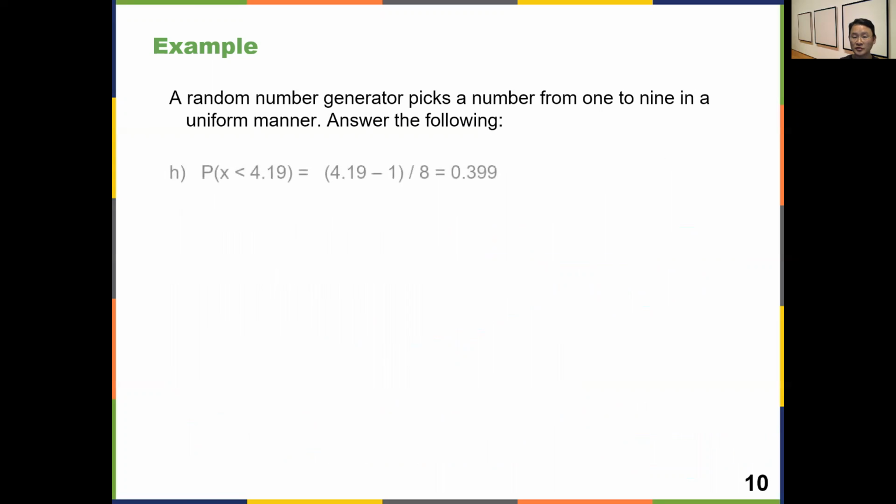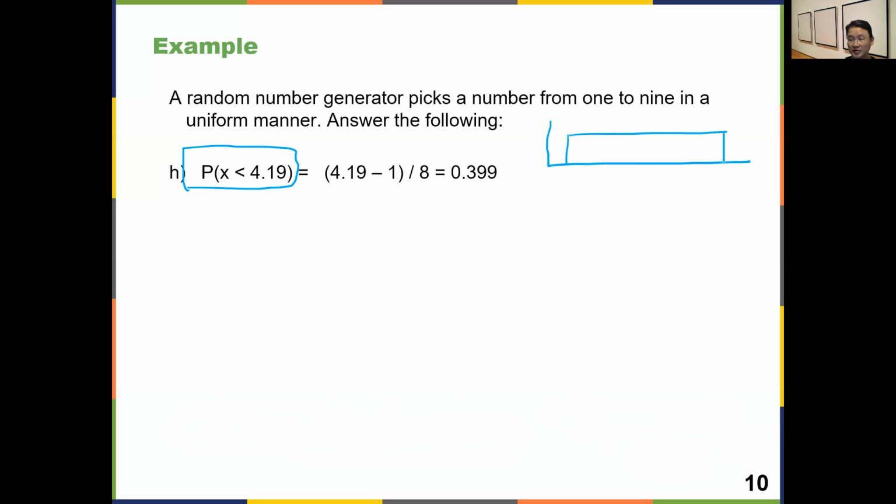Next example, pretty much the same. Now look at this one right here. This time, x has to be smaller than 4.19. Again, I told you that simple graph was going to help us see things. It's going to be from 1 through 9. The height is 1 over 8.